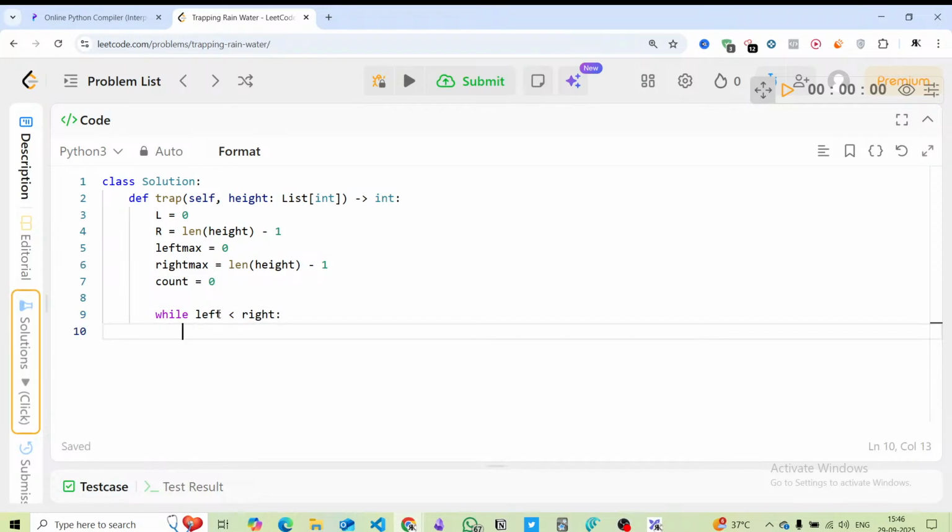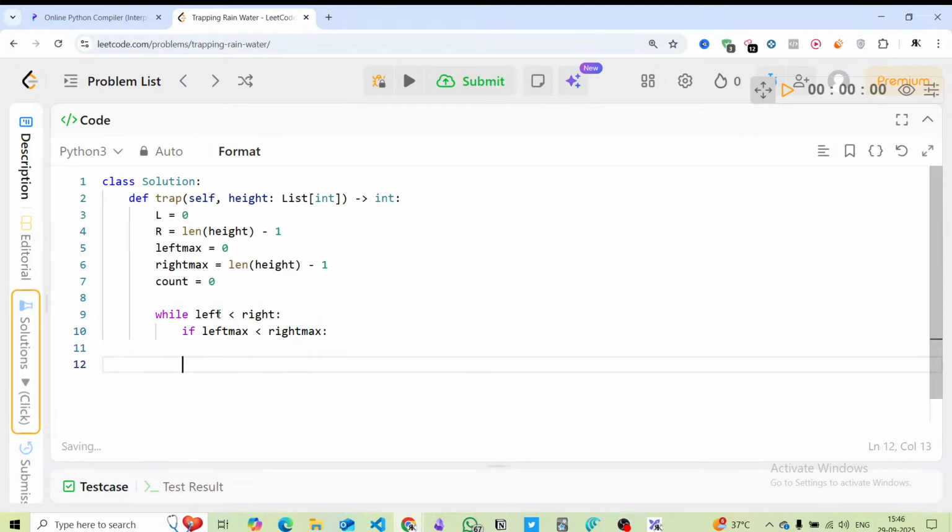So we have two cases, right? The first case is the left max is less than the right max. The second condition is the right max is less than or equal to the left max. So these are the two conditions, and I just make this an else block. So we have initialized the two conditions.